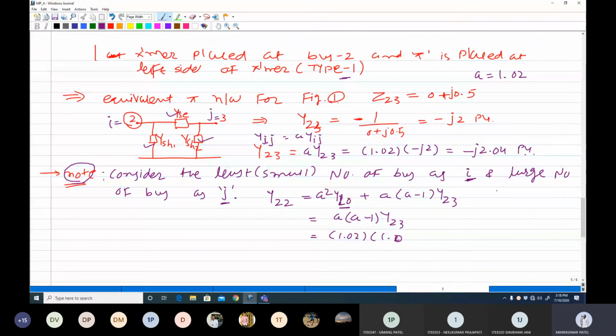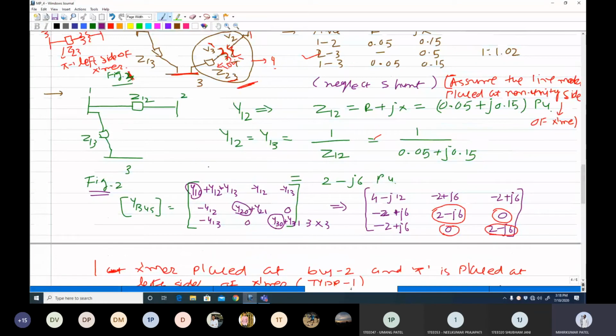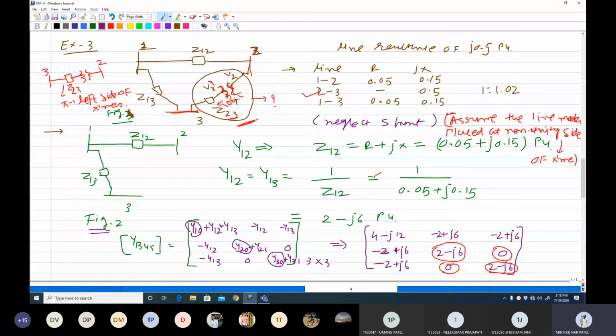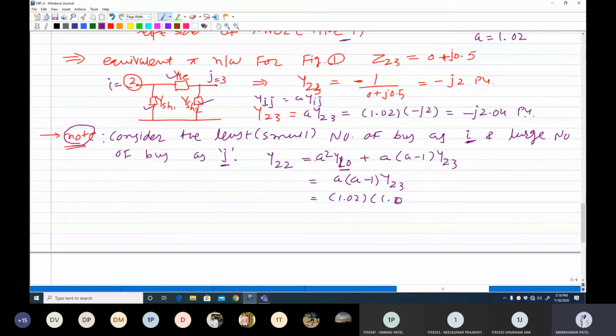So you have written, let me explain here. Yes, the transformer is connected at bus number 2. Okay, yes, you are right. So the equation is changed.